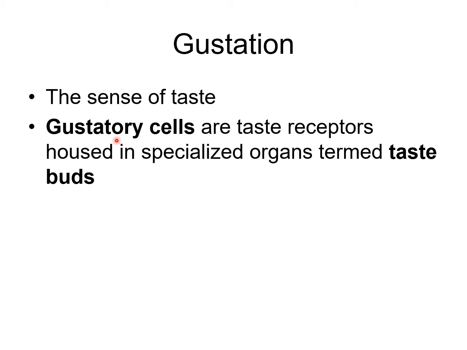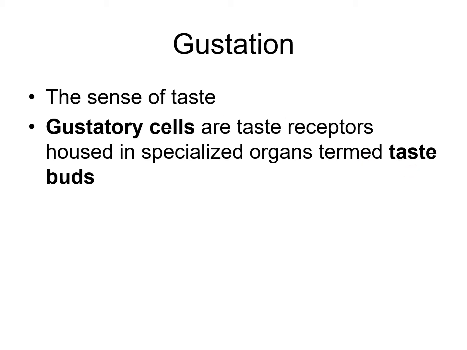They receive a stimulus, which is basically a molecule you are trying to taste, and they will fire off. They will send an electrical message down the neurons, and eventually the electrical message is going to go to the gustatory cortex in your brain so that your brain can help you interpret what you've just tasted.